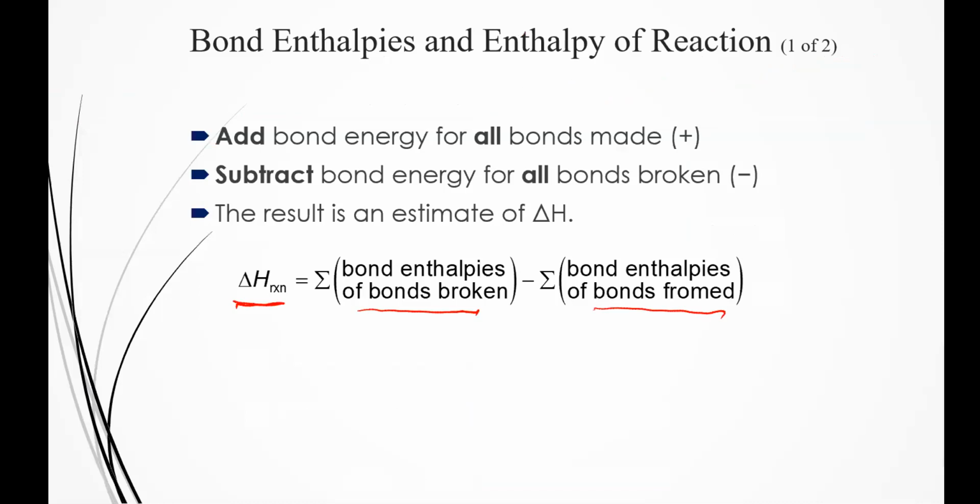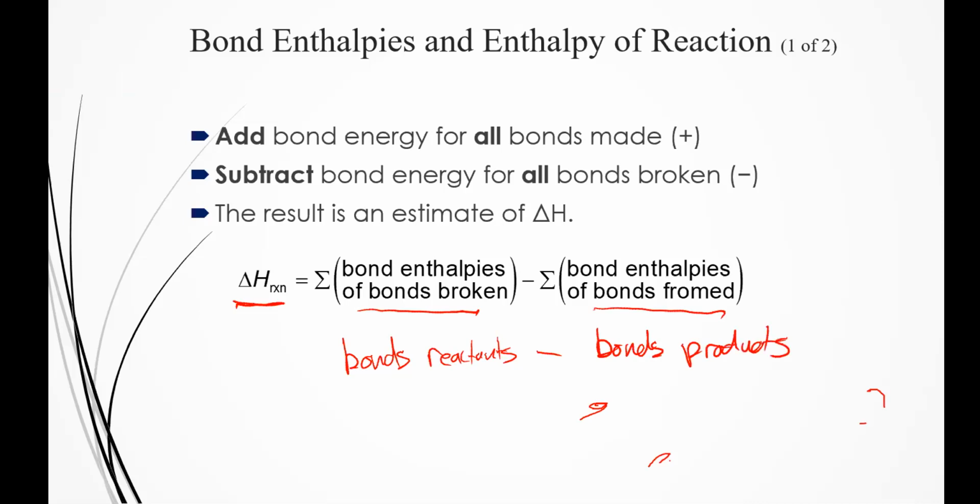Right? Now, when you do that, just remember that this seems a little bit backwards in some ways, because when we think about bonds broken, we're really looking at the bonds in our reactants, which is different than when we think about bonds formed, because these are our bonds in our products.